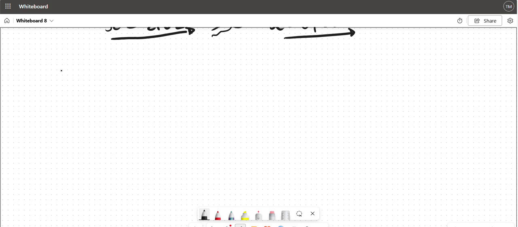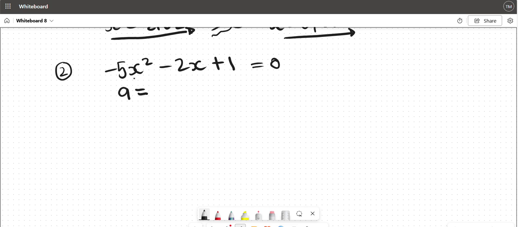So number 2 of these ones that cannot be factorized is negative 5x squared minus 2x plus 1. So again, what do we need here? We need to know that our a is this guy here. Remember our standard form looks like this.